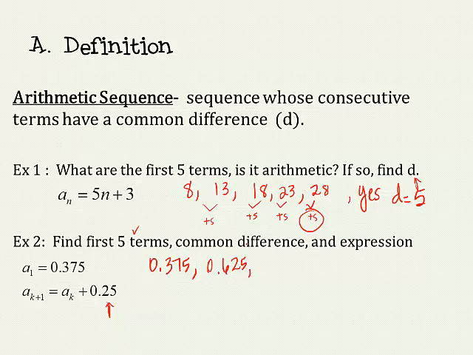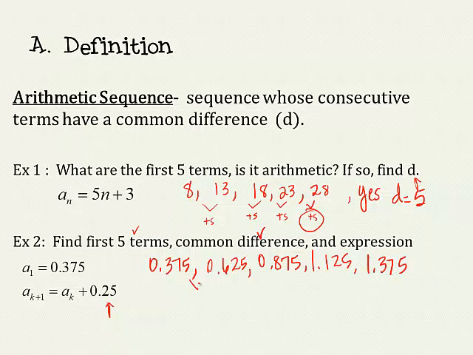And I add 0.25 for the next term. 0.875. Add 0.25 to the next term. 1.125. And for the last one, I'm going to add 0.25 again. 1.375. So there's the first 5 terms.